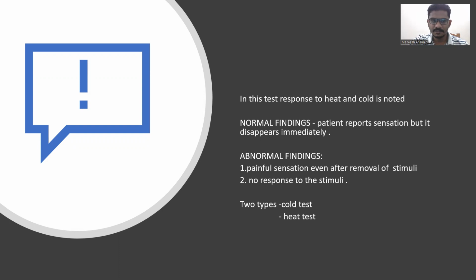Or in other cases, there is no response at all. In this case, the pulp is damaged and there is no vital tissue present. So there is no response, and we can conclude that the pulp is more likely to be necrosed. The thermal test is divided into two types, that is, cold test and heat test.